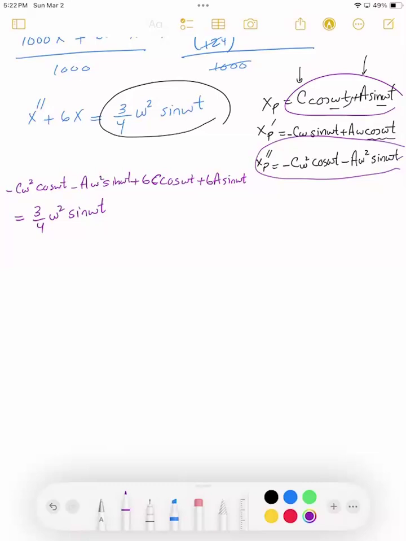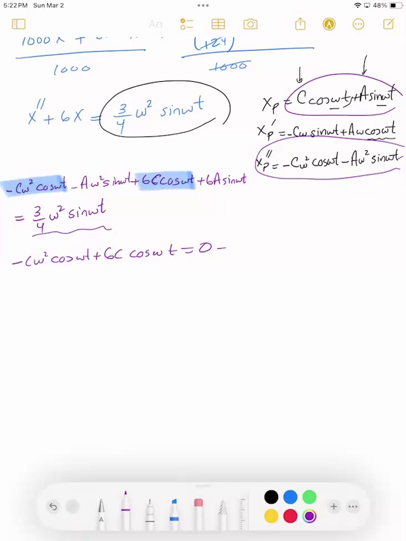So now we are going to set this and this together. So we have minus c omega squared cosine omega t plus 6c cosine omega t is equal to 0, because we don't have any cosine on this side, so we set it equal to 0.